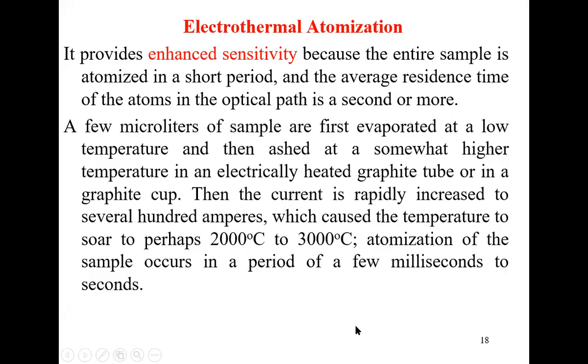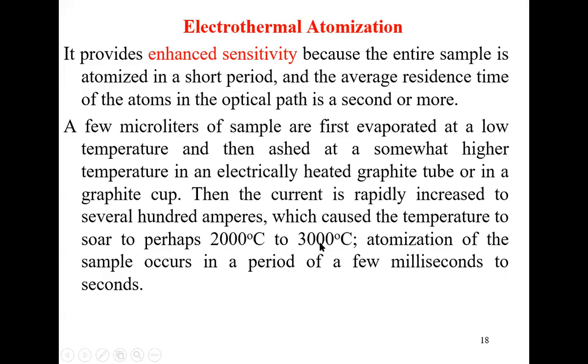Now, the other thing that we talked about is that a few microliters of sample are fast evaporated. How much did we say? How many microliters, if you remember? About 0.5 microliters.